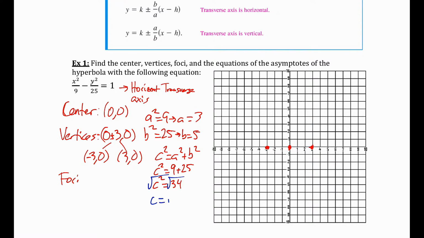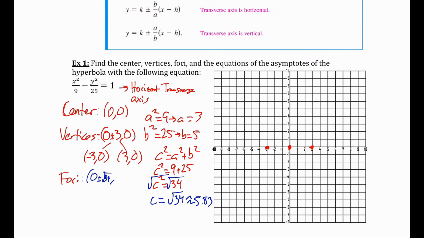It's not a perfect answer, and we're going to need an approximation, so the square root of 34 is about 5.83. So our foci are going to be the x coordinate 0 plus or minus about 5.83.